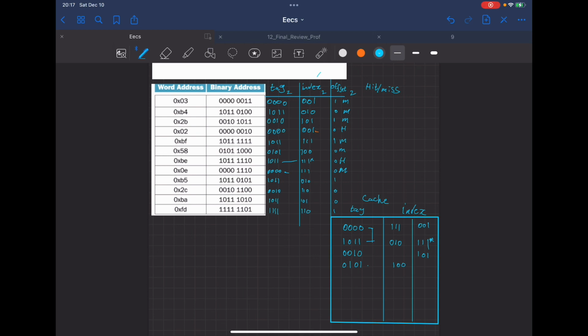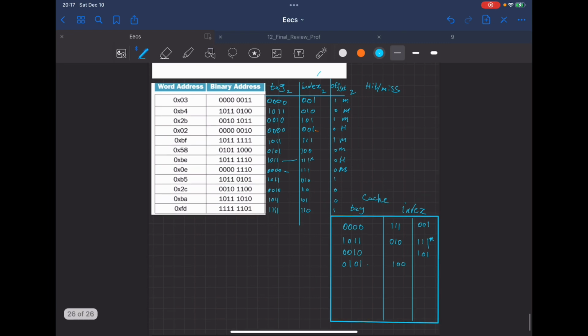After that, we have 1 0 1 1, which is this one, and one of the two indexes match, so in fact it is a hit. Okay, and then we have 0 0 1 0, which is this one, and it does not have the same index, so we'll just write it in 1 1 0.